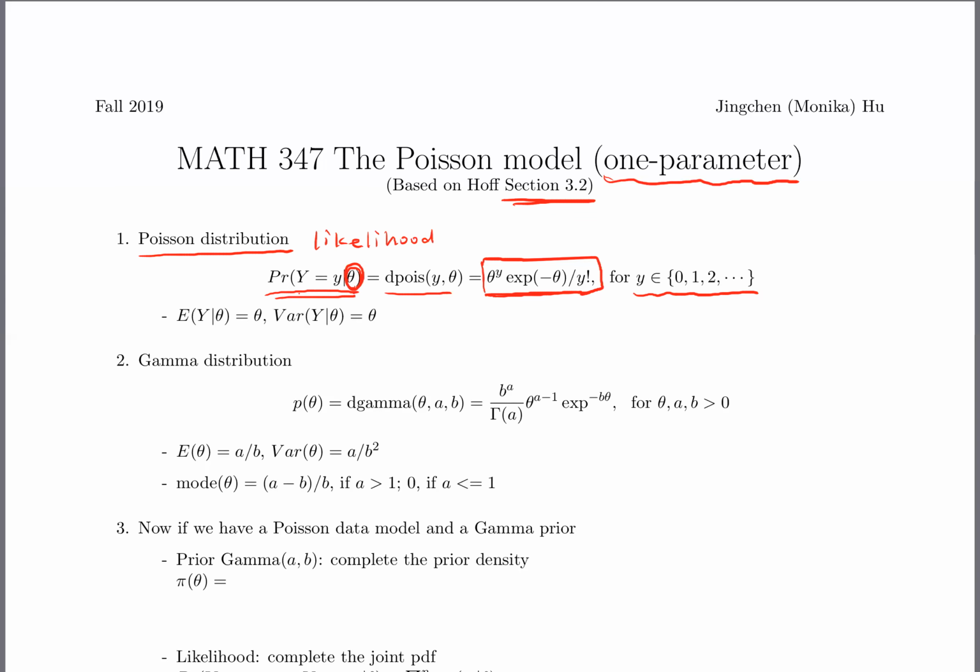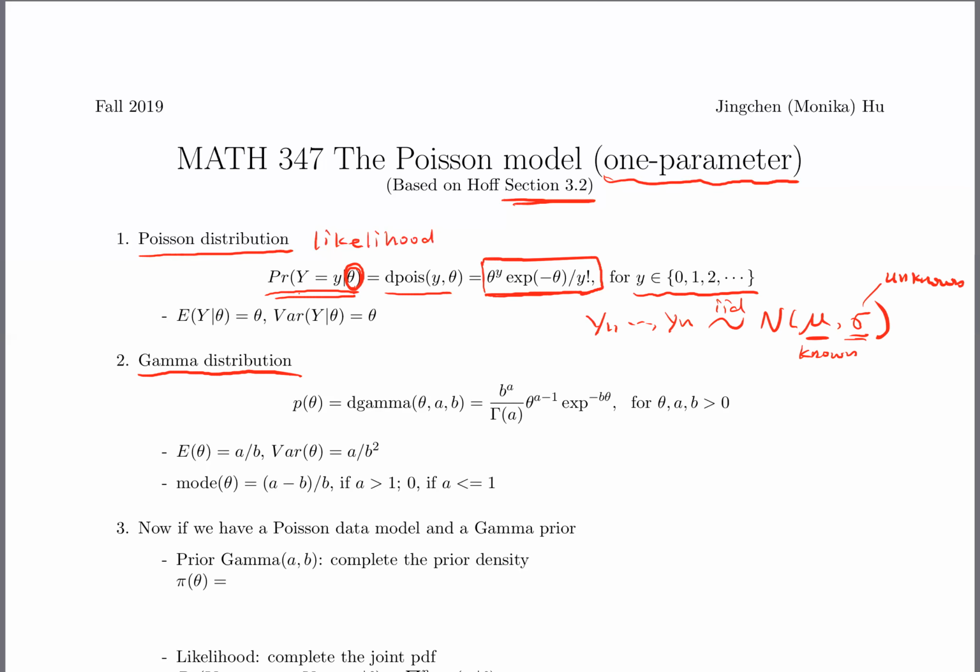We have the likelihood from a Poisson distribution, and the prior that we're going to give is the gamma distribution. Remember, previously we covered using the gamma distribution for the precision parameter. If we have the one-parameter model for the normal, where y1 through yn are IID from a normal distribution with mu and sigma, and we assume that mu is known and sigma is unknown, we covered how to make inference about sigma.